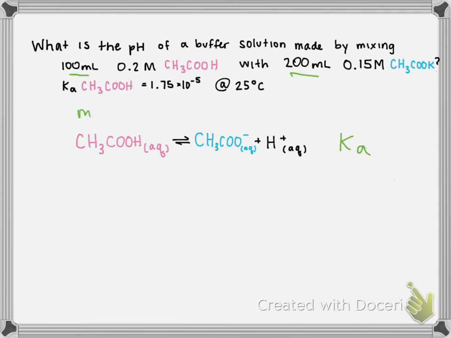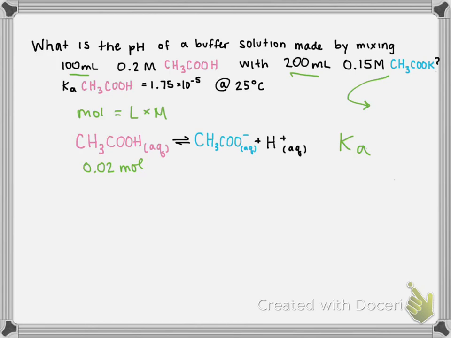And so to get moles, we're going to do liters times our molarity. So for the acetic acid, we'll have 0.1 times 0.2, and so we'll have 0.02 moles. And if I want to figure out the moles of the acetate ion, I have to think about how this potassium acetate will dissociate.